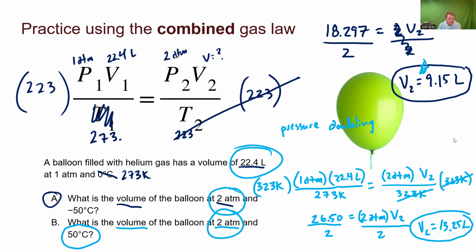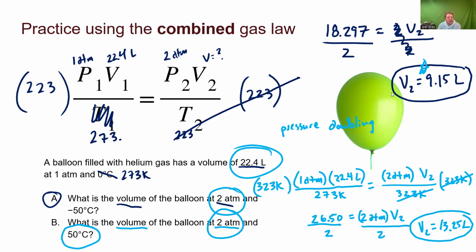So now I've got a pair of poll questions. The first one reads: when using the combined gas law, which statement best describes how a gas behaves? A, a gas changes one variable at a time, two variables can never change together. B, if pressure increases and temperature increases, volume must remain constant.